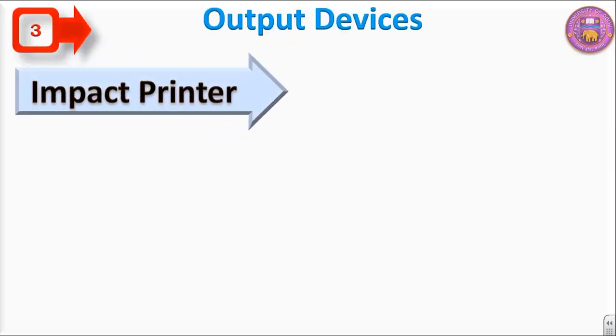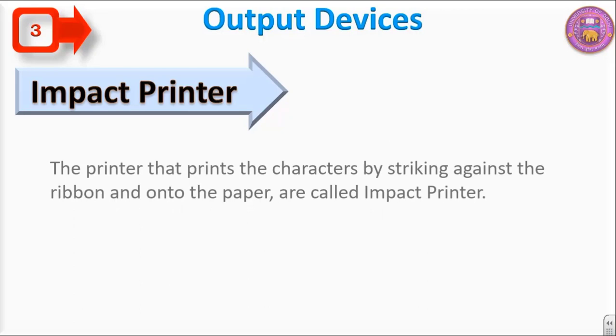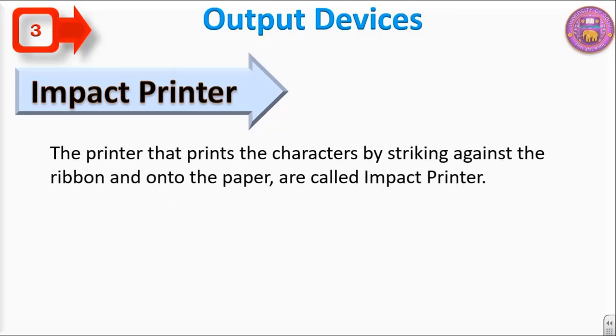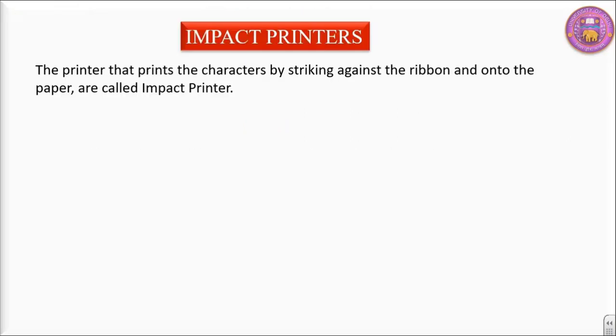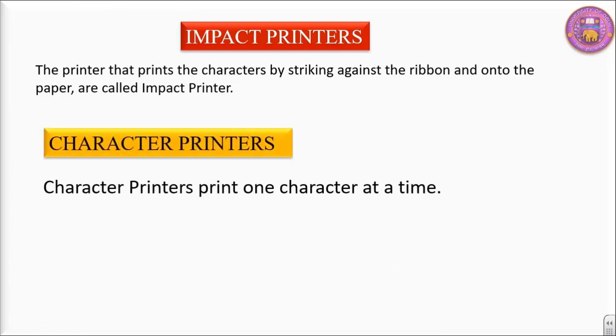Now, what is impact printer? The printer that prints the character by striking against the ribbon and onto the paper. They are called as impact printer. Within the impact printer, we have character printers. The character printers print one character at a time.